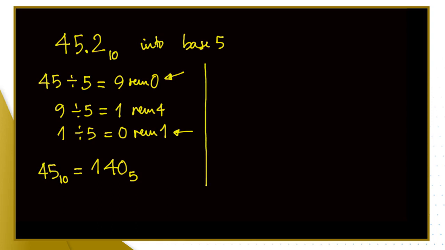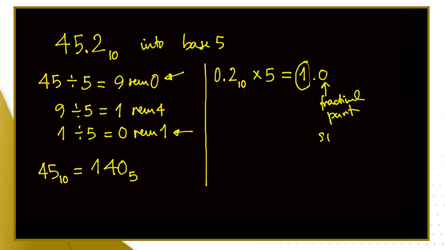Now let's do the fractional part. So 0.2 in decimal. We're going to multiply that by 5. 0.2 times 5 is 1. 1 is the whole part, so that's going to be the first digit. We take away the 1, we have 0, so we stop.